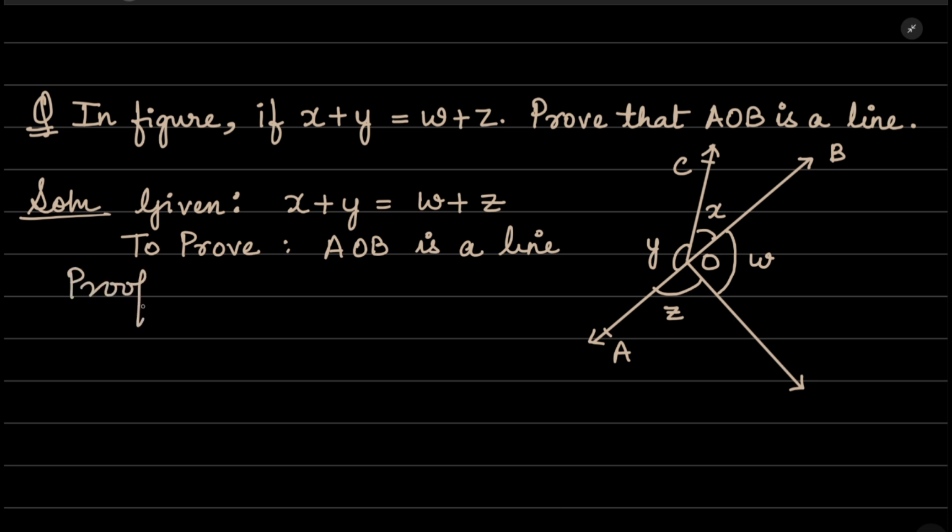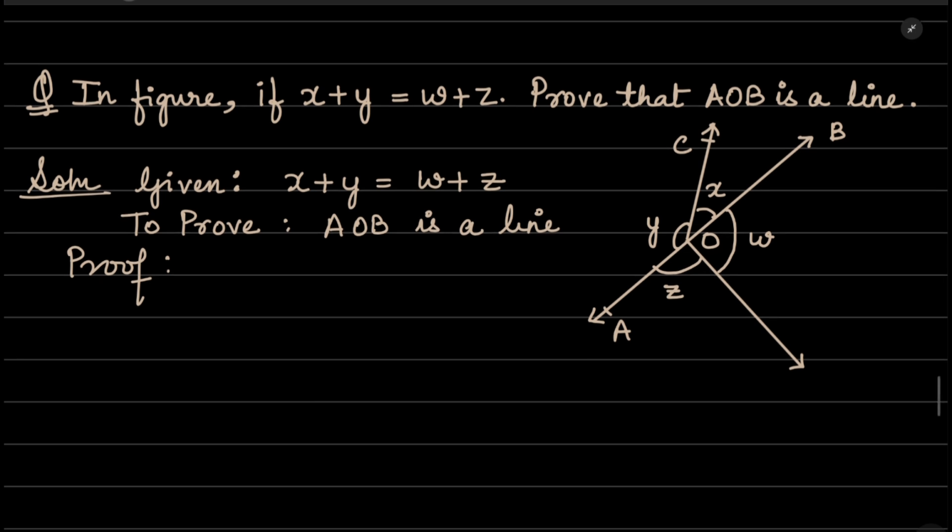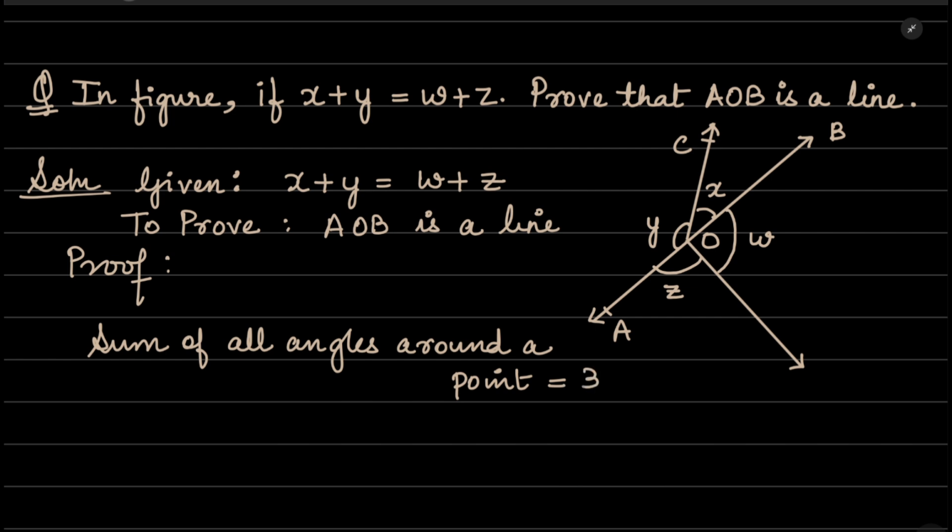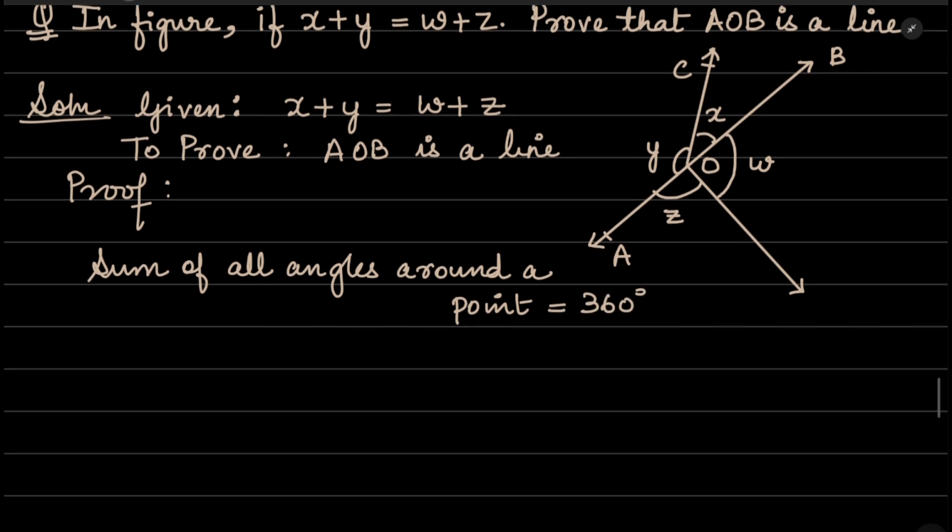Now let's prove. Write the proof. There are four angles given here, right? X, Y, W and Z around a point O. We already know that the sum of all angles around a point is 360 degrees, which means x plus y plus z plus w equals 360 degrees.